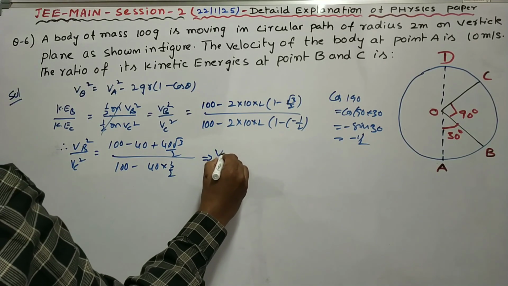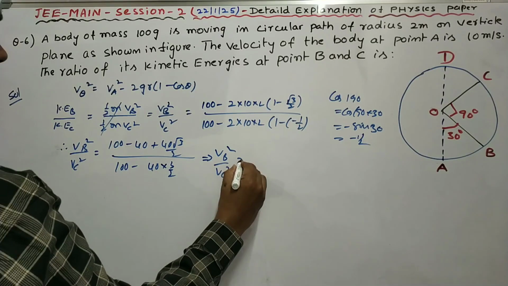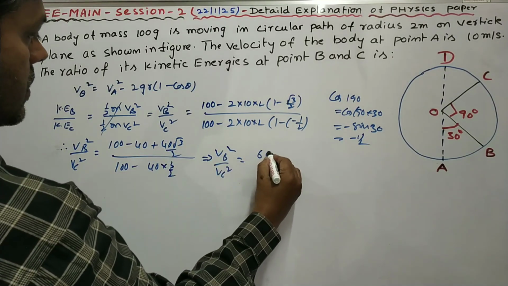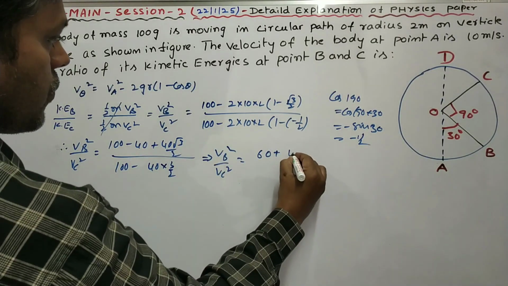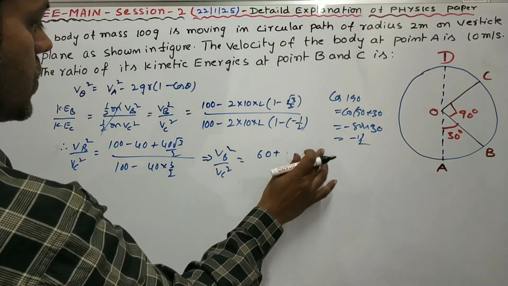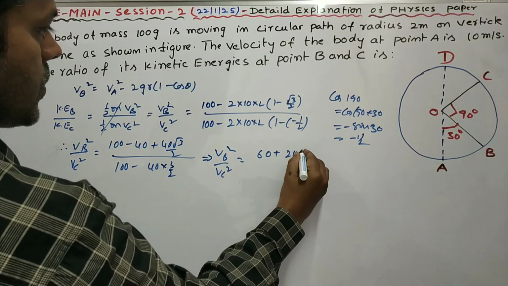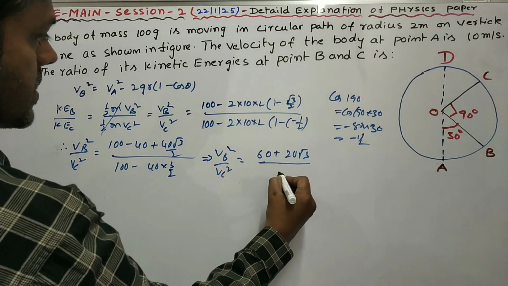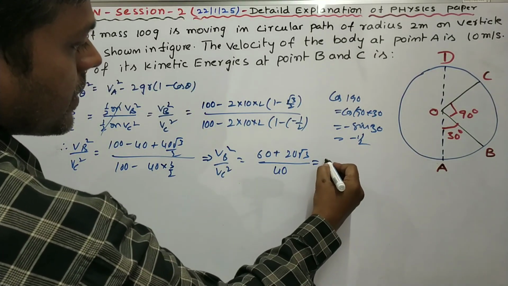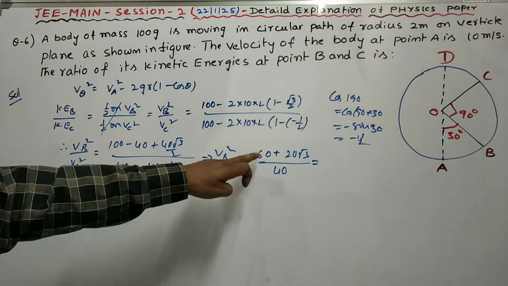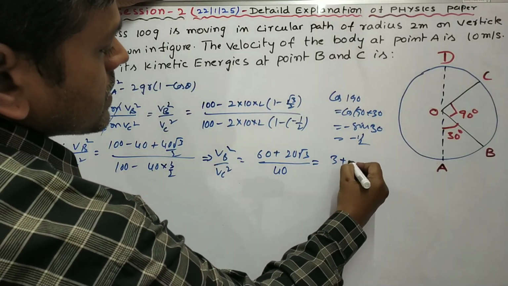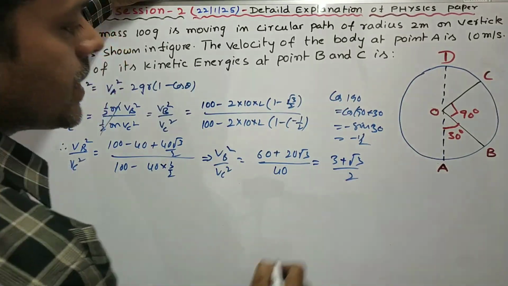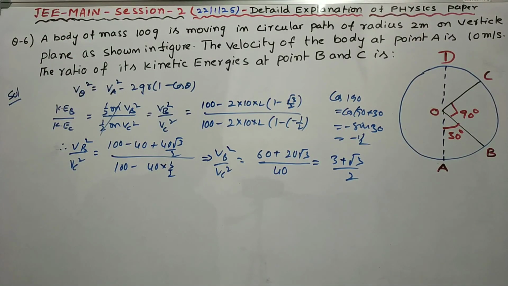Which is equal, that implies VB square by VC square is equal to 60 plus 20 root 3 by 60 plus 30, that means 90. So finally we get 20 taken as common, 3 plus root 3 by 9, isn't it? So this is the answer for this question, right?